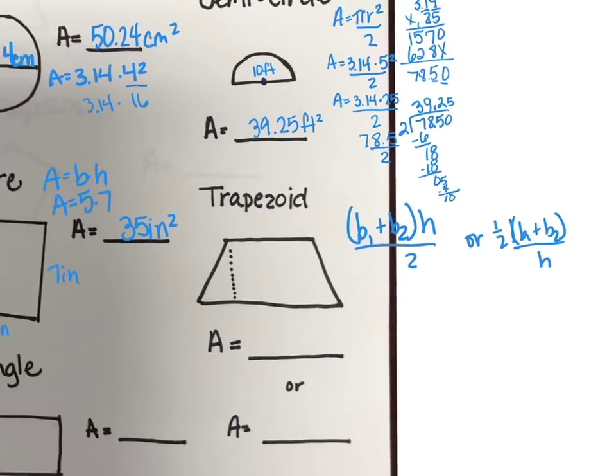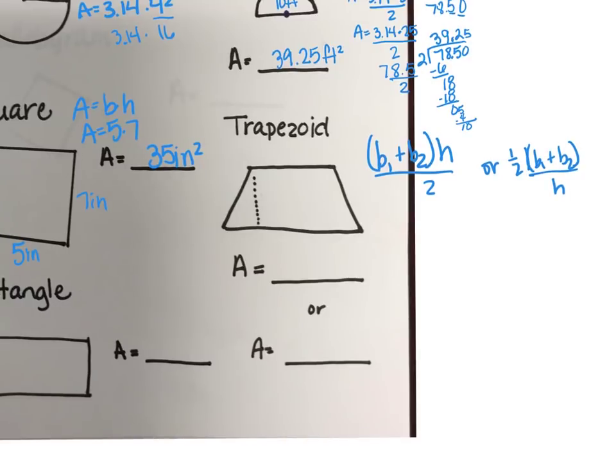Okay, I'm going to do the first way. So if my base 1 is 8 centimeters and my base 2 is 10 centimeters, I'm going to say 8 plus 10 and then multiply it times our height, which is 4, divided by 2. I can go ahead and simplify this and do 4 divided by 2 and get 2.